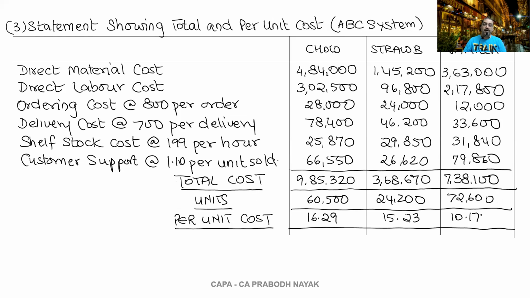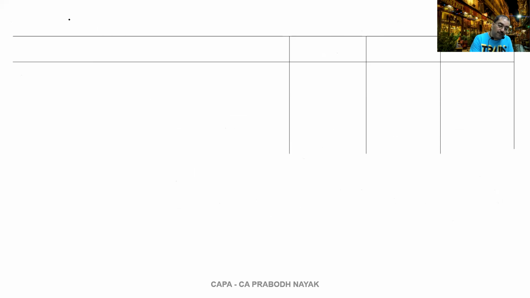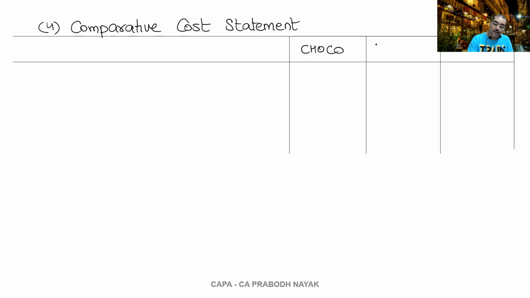Now fourth part is that we have to compare all this and we have to write down the comment if any. So let us prepare comparative cost table. Choco, strawberry, and vanilla.